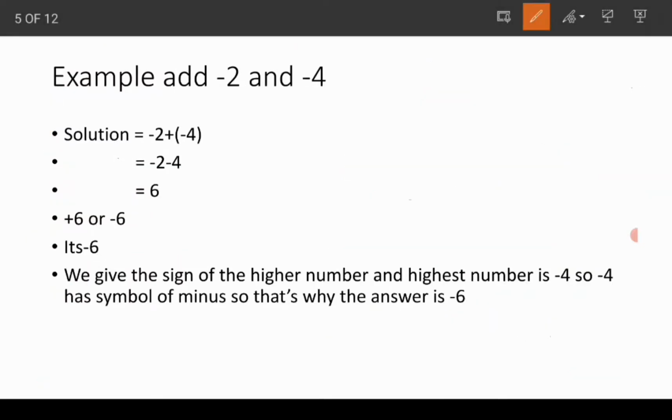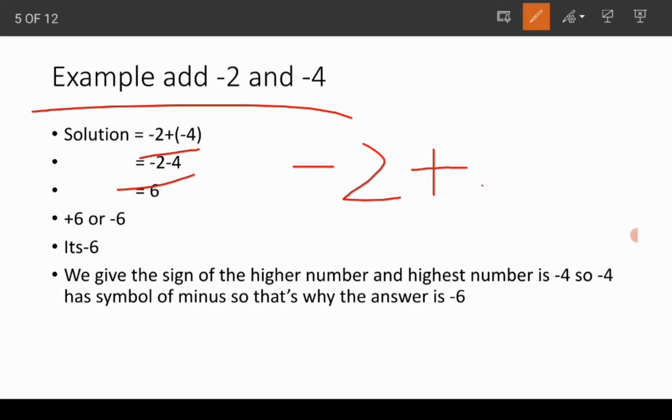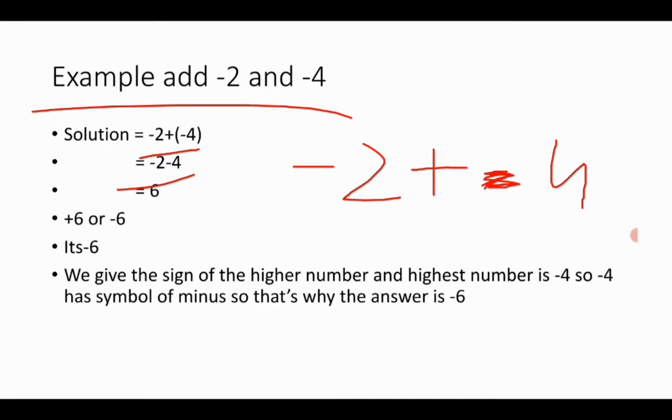So now I gave you an example. Example: add -5 and +4. Solution: +2 and -4, add this. So plus and minus should never see their faces. If you write it like this, it will be incorrect. This is minus.